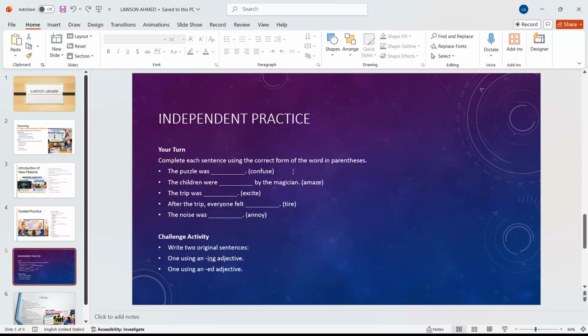Yes, everyone, it is independent. Remember, you have to do it on your own, and I'll see what you have. There's also a challenge here. You have to write two original sentences, one using an ing adjective and another using an ed adjective.